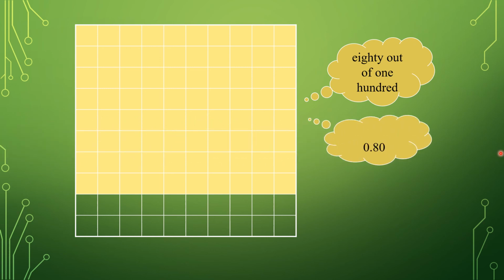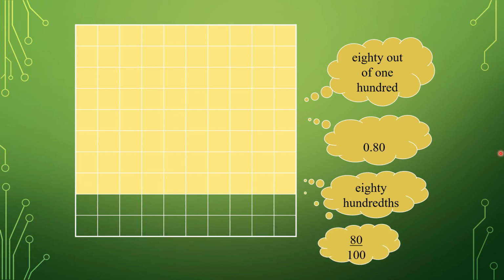So it is 0.80 or 80 hundredths or 80 over 100. The easier method is that first you write 80 out of 100, then you write 80 over 100, then you can write 0.80. And this is the number name only.